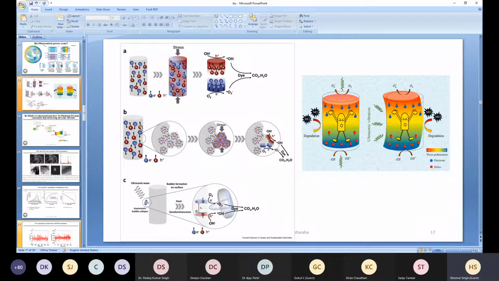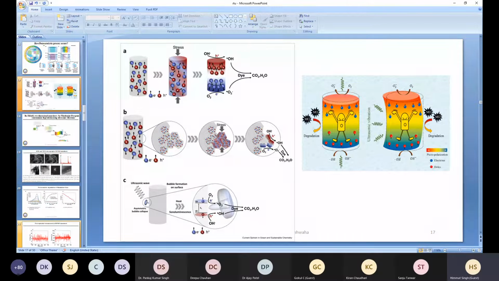The second one is, in this process, the small dipoles within the nanomaterials, the nanodipoles, the small charge carriers, will act as a catalyst, like the electrons and holes generated within this piezocatalyst under stress, as the domains are in the nano range.